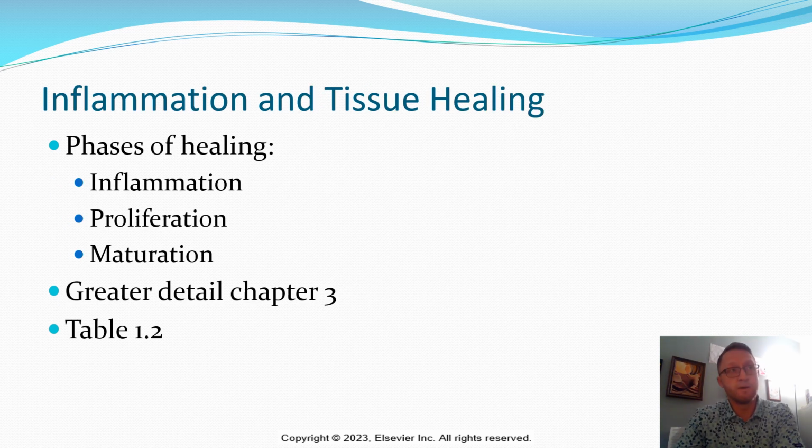We're going to talk more about inflammation and tissue healing in chapter 3. So we'll describe these different phases of healing: the inflammatory period, the proliferation phase, and the maturation phase. We'll discuss those in greater detail in chapter 3, but there's also Table 1.2 that discusses some of the modalities that would help with these phases of healing, so you can check that out.